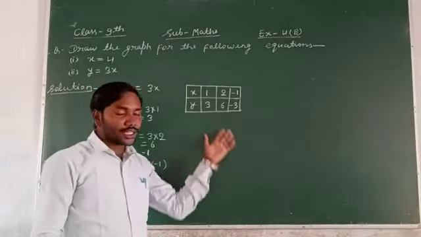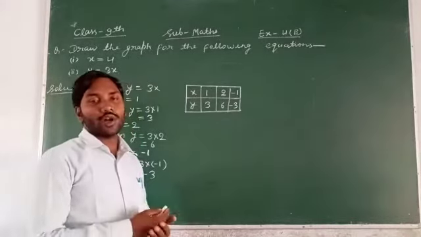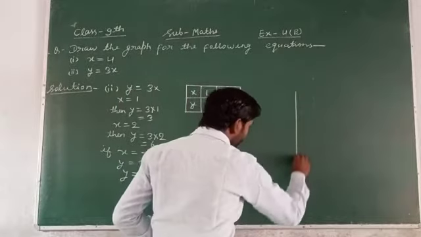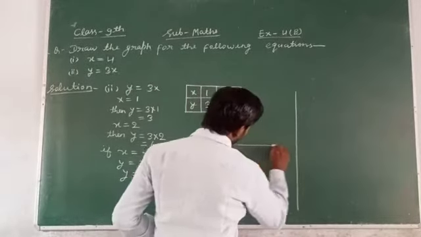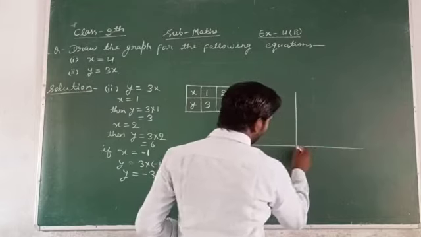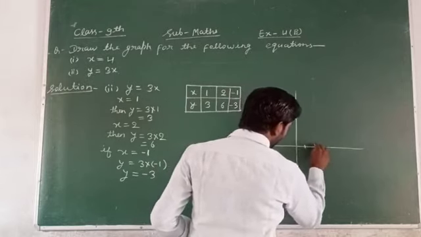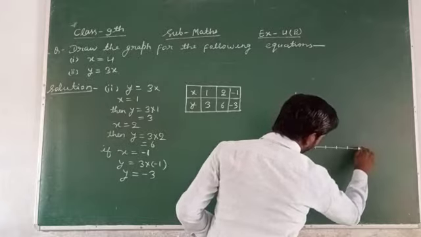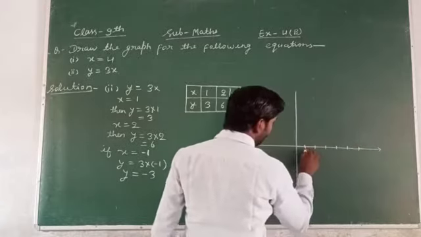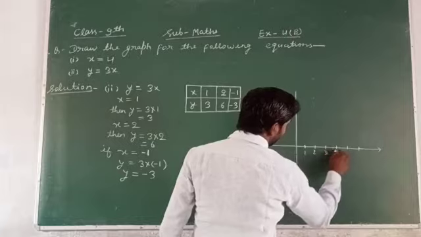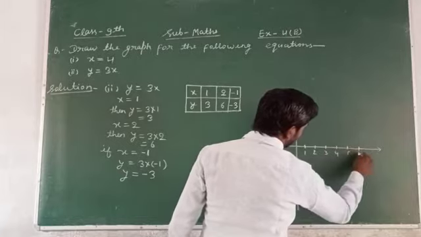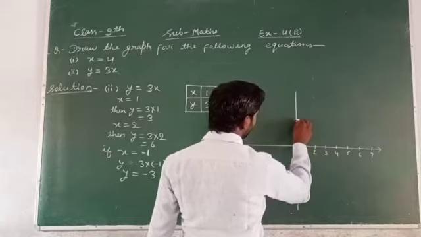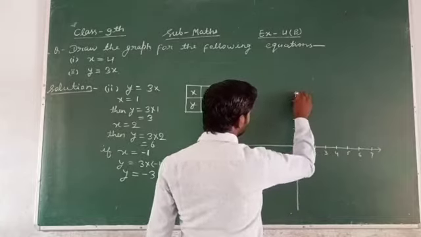Now we will plot these points on the coordinate plane. So in the graph, this one 1, 2, 3, 4, 5, 6, 7. Here also 1, 2, 3, 4, 5, 6.